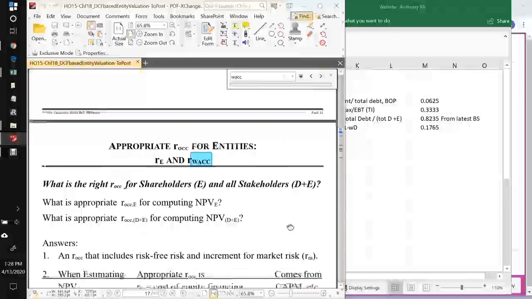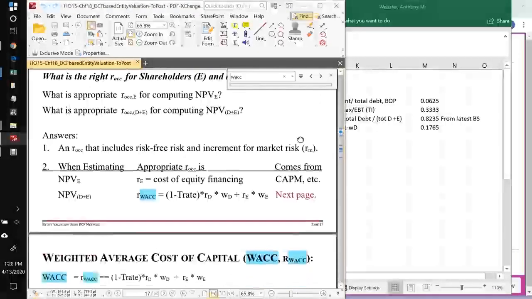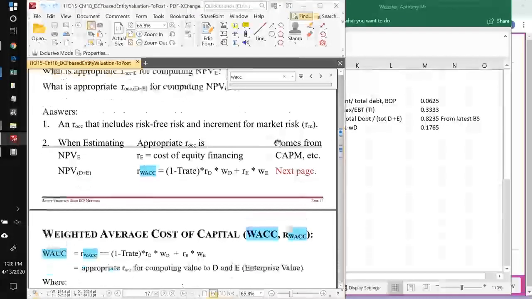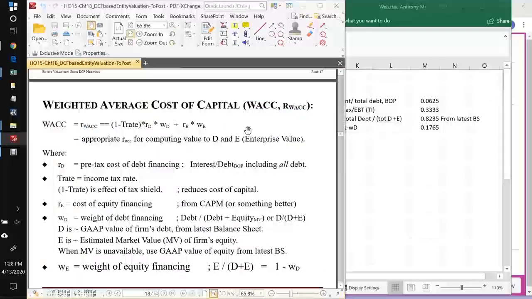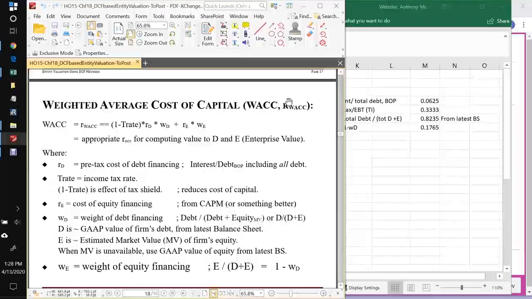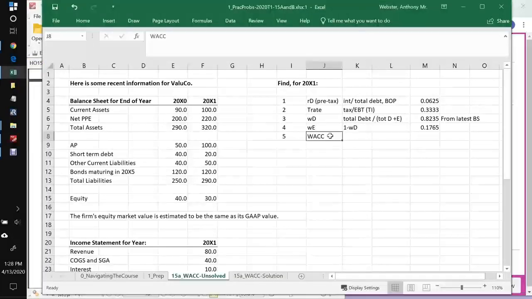So here's where it's introduced, and here's where we've got the complete definition and all the information we need to know about the weighted average cost of capital. So here it is, 1 minus the tax rate times RD times WD plus RE times WE, and et cetera, et cetera. So that's how we could look things up if we didn't remember what the weighted average cost of capital was.